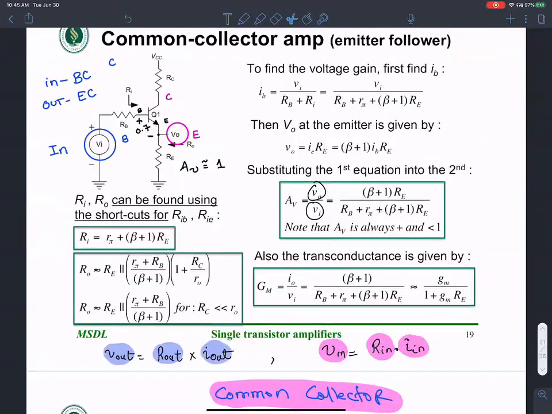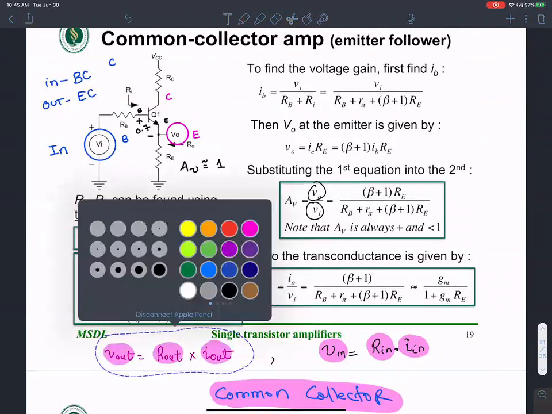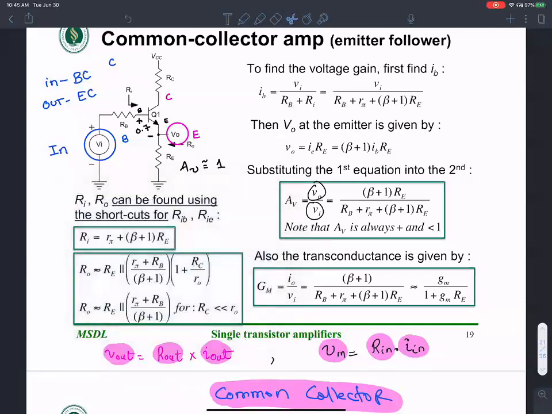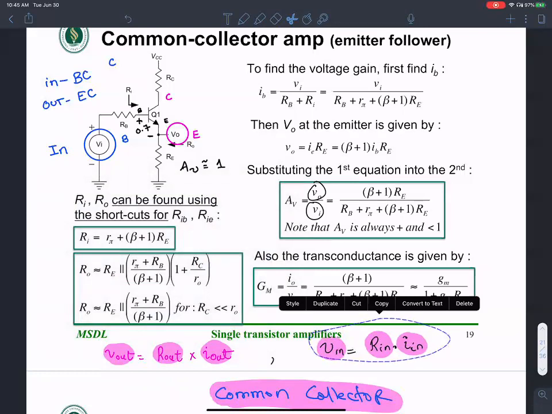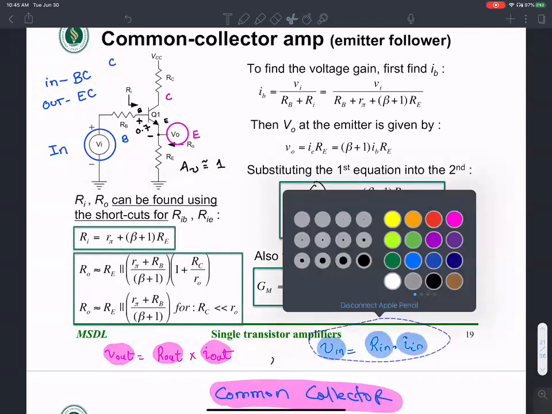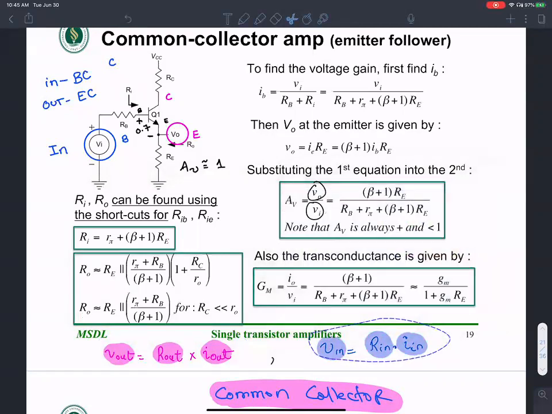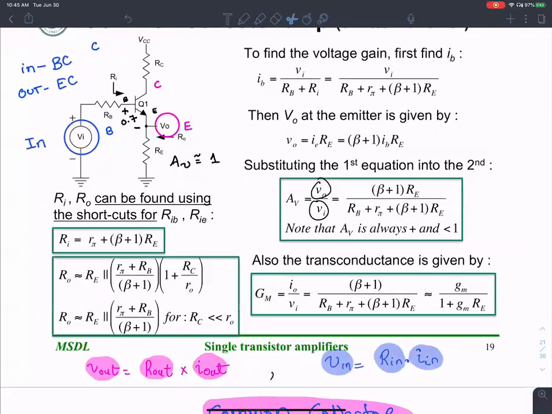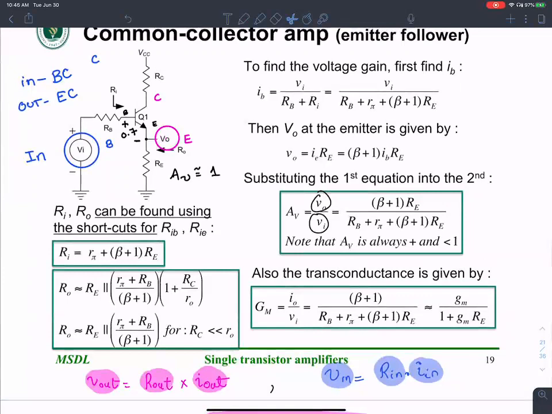So I better change these colors here. This is purple, that's the output. This is blue in this case, which is the input. If you look at the schematic, input is shown in blue.